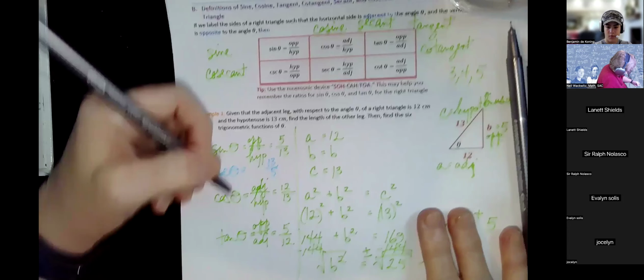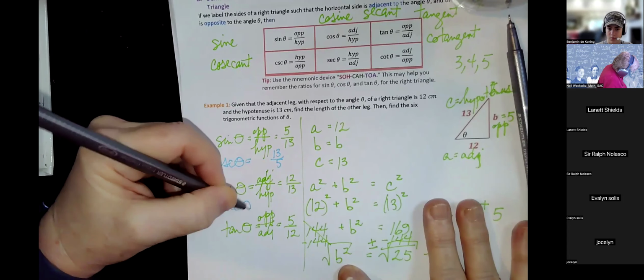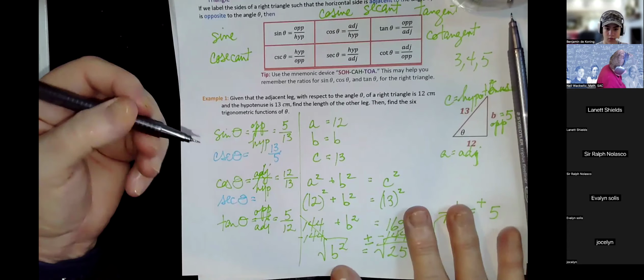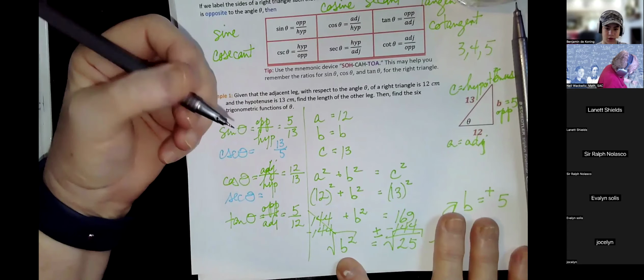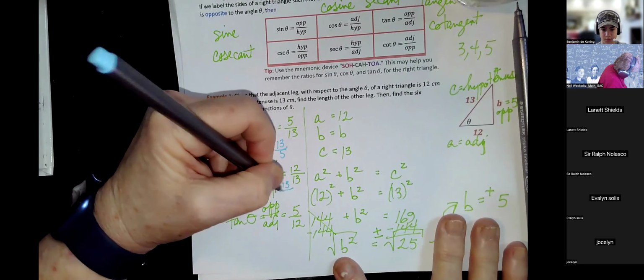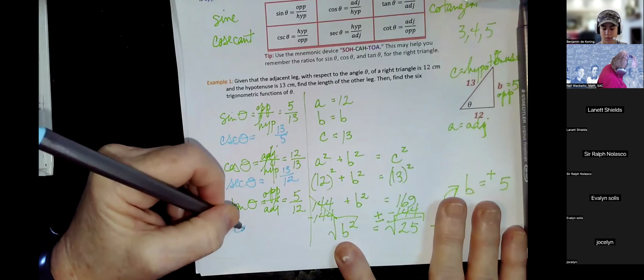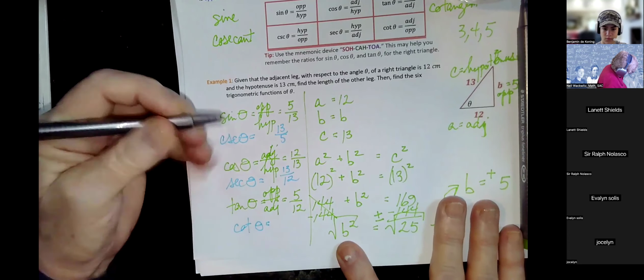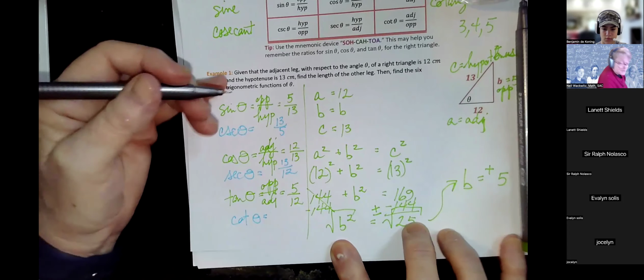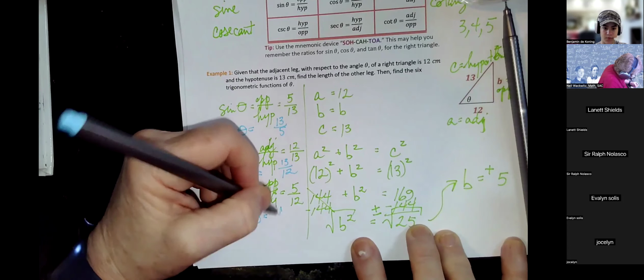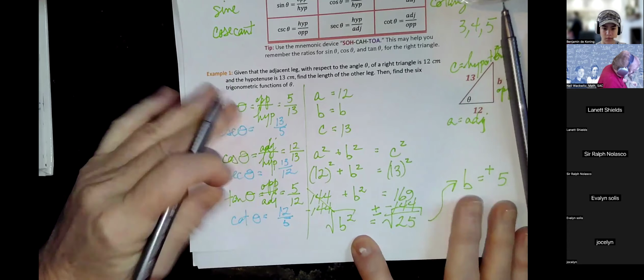The secant is the reciprocal of cosine, so it is 13 over 12. And the cotangent is the reciprocal of tangent, and it is 12 over 5. Awesome.